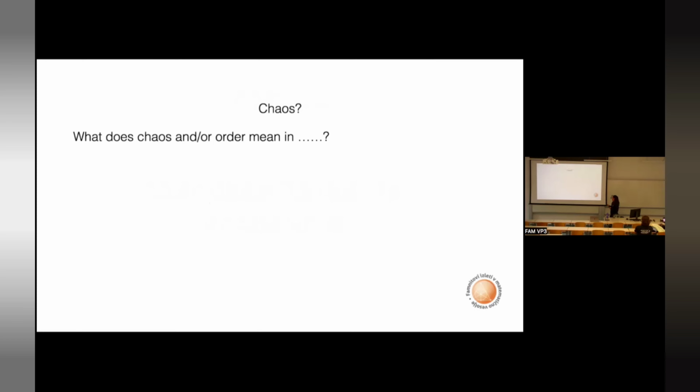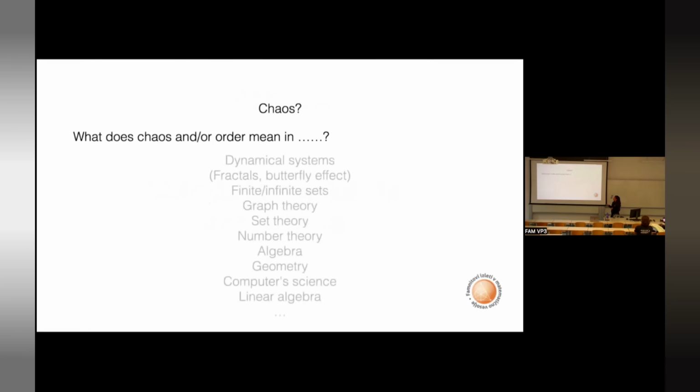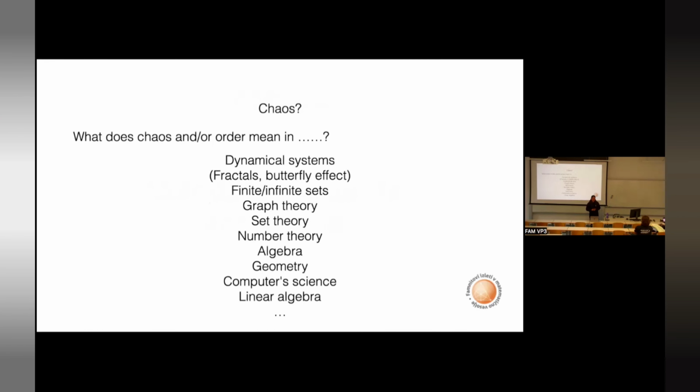And just to mention, we started with this question: what do chaos and order mean? We saw some examples for Ramsey theory, but of course we have the theory of chaos in dynamic systems. So it's not just in the things that were here.